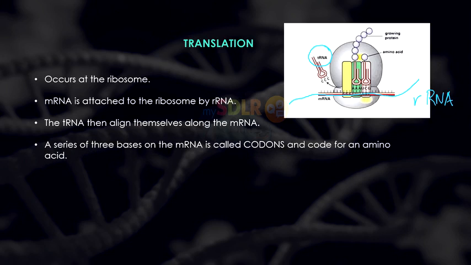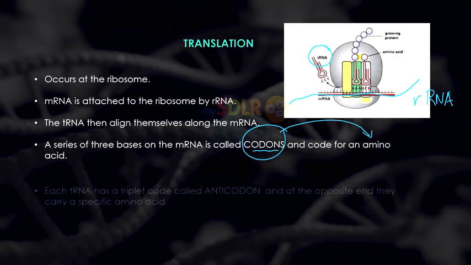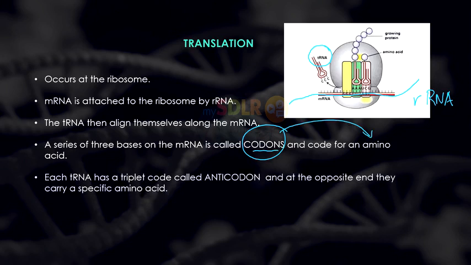It does so by using the 3 bases along the messenger RNA that we call codons. So, each 3 bases that are consecutive constitute a codon, and they actually code for a particular amino acid. Each transfer RNA has a triplet code, and this triplet code is referred to as the anticodon.